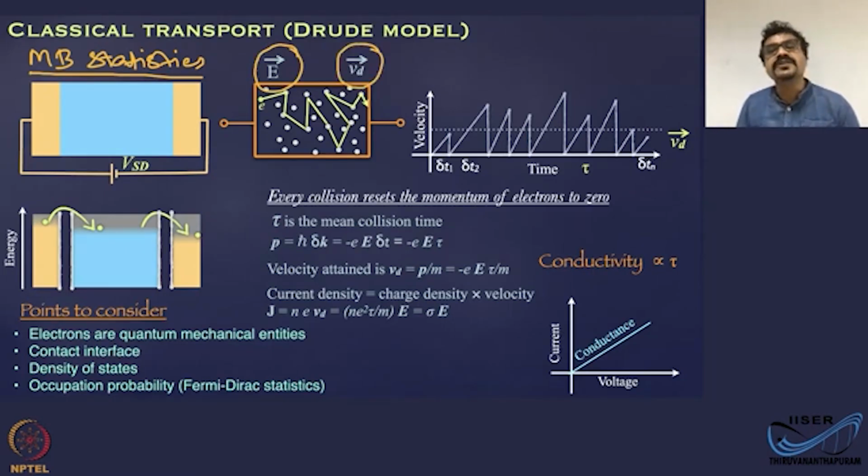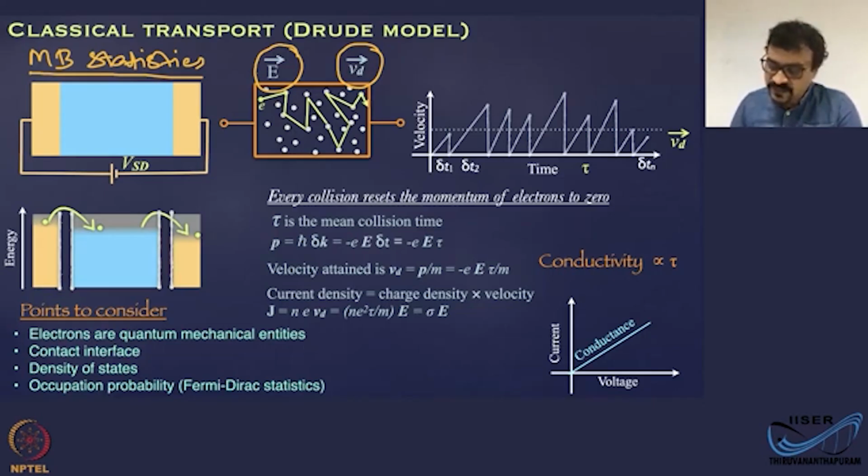and they will move from one end to the other end by the application of electric field with an average velocity Vd. That is a drift velocity. So the way it is defined is, if you look at this plot here, every event of collision will reset the momentum of these electrons to 0.